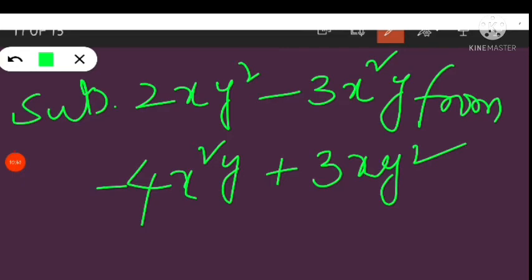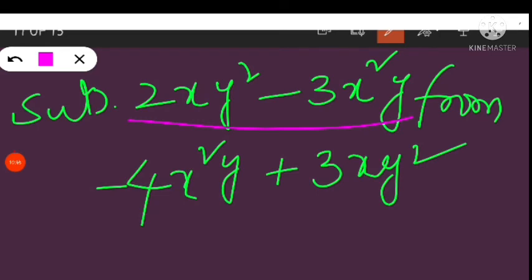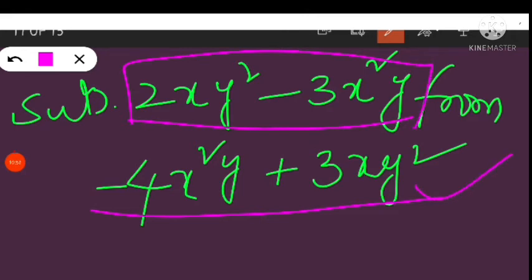In this we have two different expressions, this is the first expression and this is the second expression, and he is asking that you should subtract the first expression from the second expression. In order to do this, you take the second expression as first and the first expression as second while solving, because we are subtracting 2xy square minus 3x square y from this second one.